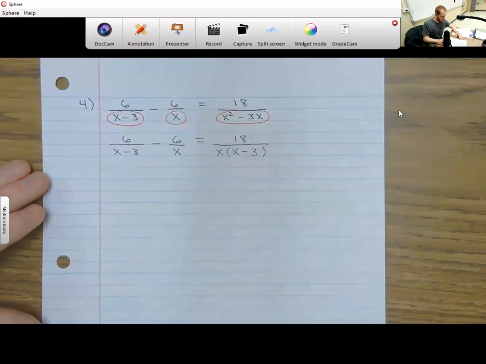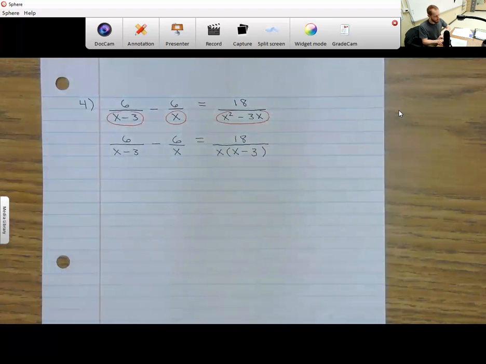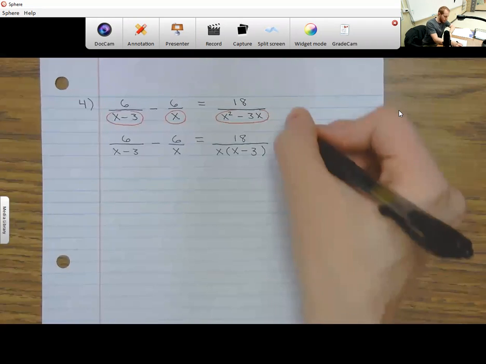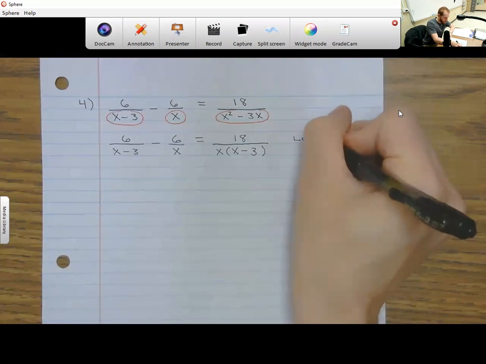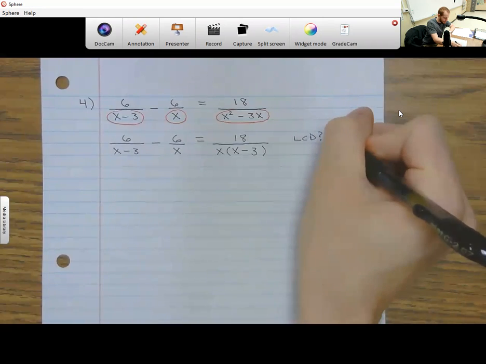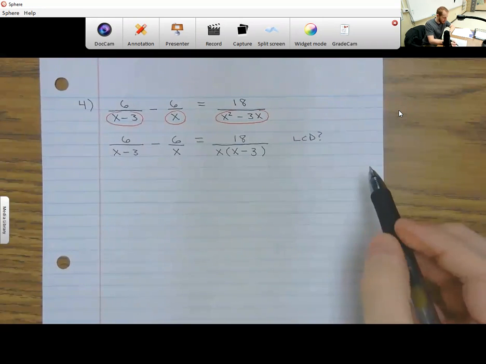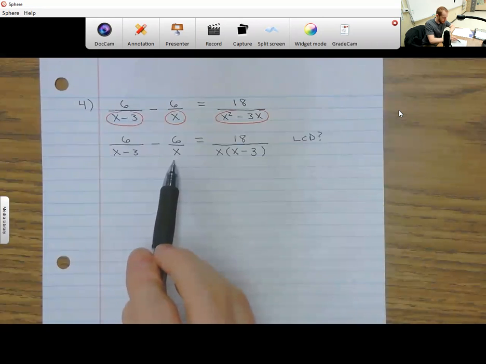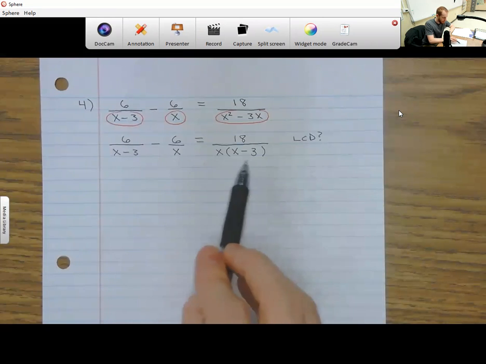So I'd basically be left with that. Okay, so I factored all I could, and now the second step is to find out what the lowest common denominator is. What is the LCD? So I've got an x minus 3, I have an x over here, and this one has both of them.